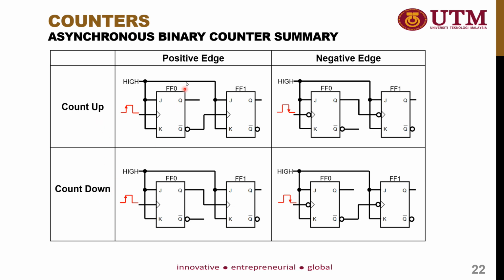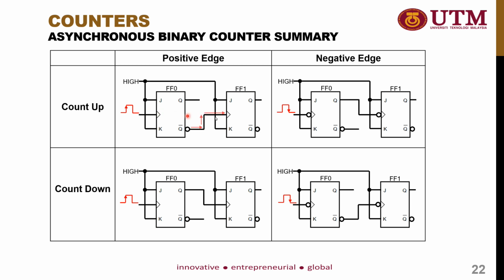So if you have a positive edge triggered flip-flop, and you want your counter to count up, the clock input of flip-flop 1 must be connected to the output Q bar of flip-flop 0. The flip-flop 0 is directly connected to the clock.